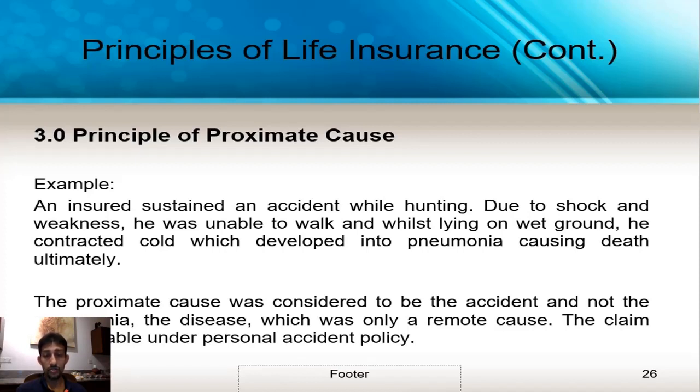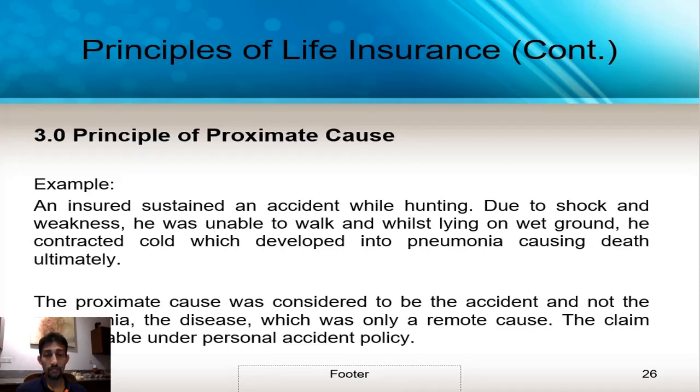The proximate cause was considered to be the accident and not the pneumonia, the disease which was only the remote cause. The claim was payable under the personal accident policy because this happened due to an accident while hunting. So the proximate cause is not the pneumonia.